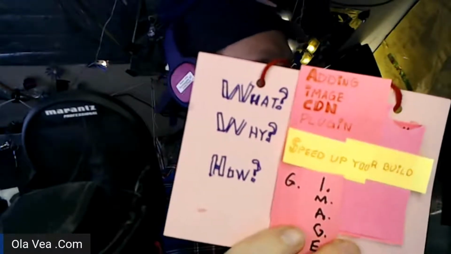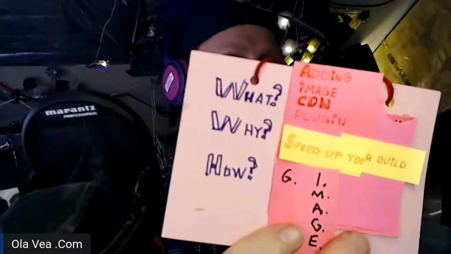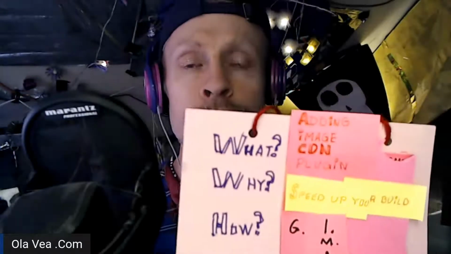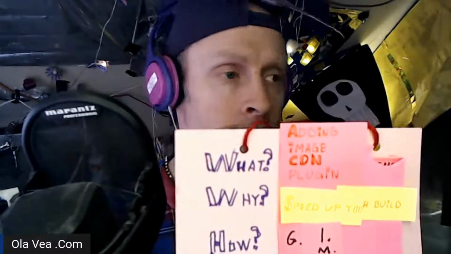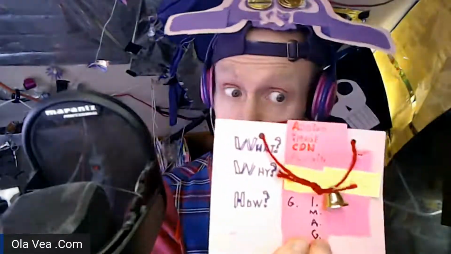Why? To speed up your build, it says there, but it's supposed to be your user's build. If you are using the Queen's YouTube oEmbed Gatsby plugin, your build will speed up. You should use this plugin. I use it. It's great.